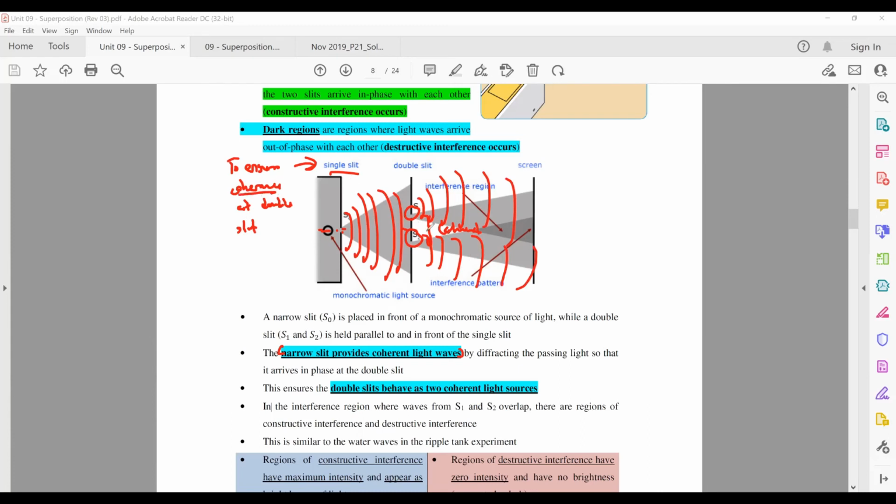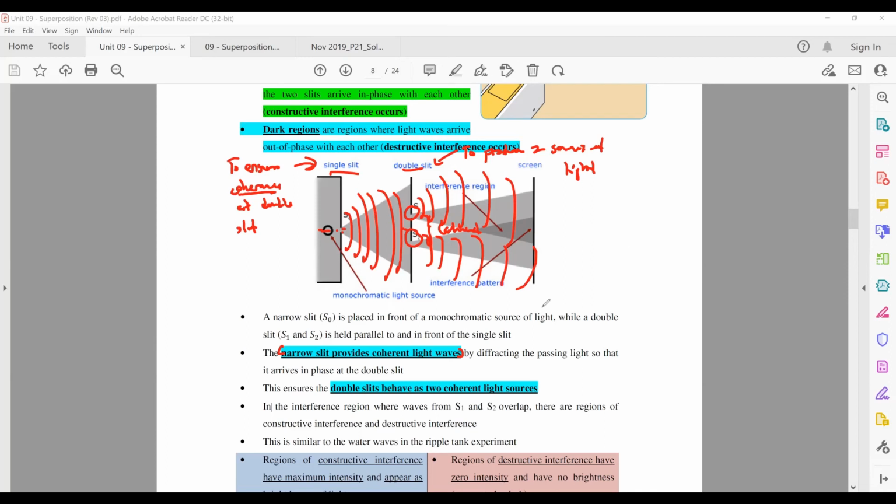The double slit is to make sure you have two sources, to produce two sources of light. Those are the purposes of the slits. The single slit before is to ensure coherence at the double slit later. The double slit is to give you two sources of light.